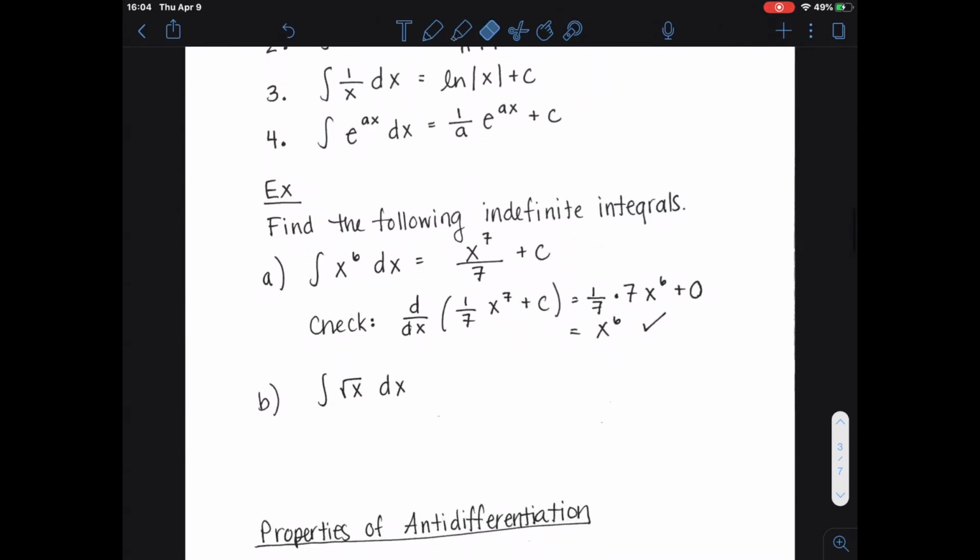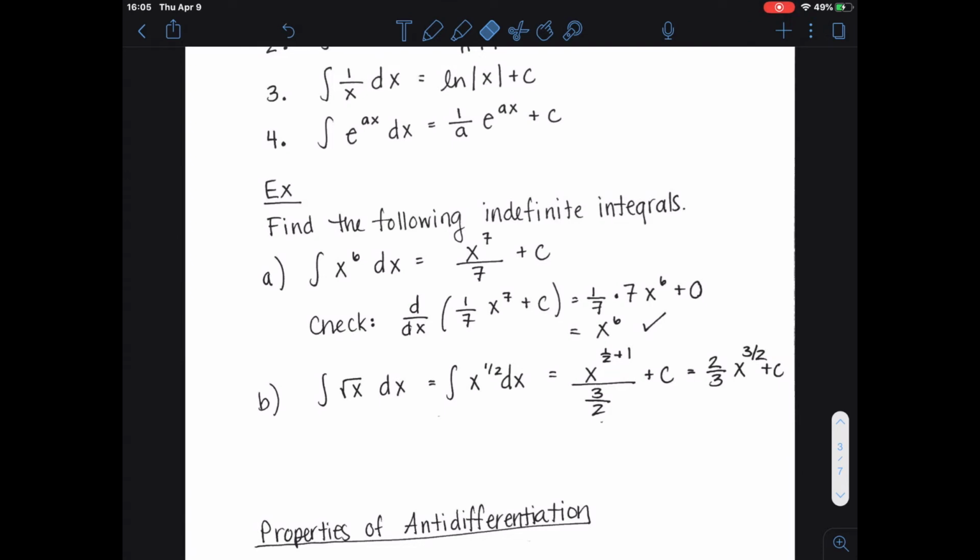Now if we want to go through the integral of the square root of x, that really is just a power, remember, it's x to the 1/2. So what we do is we increase the power by 1. 1/2 plus 1 is 3/2. And then you have to divide by the new power, and then you need your plus c at the end. Dividing by 3/2 is the same thing as multiplying by 2/3.